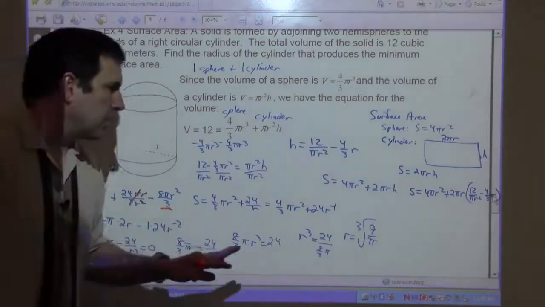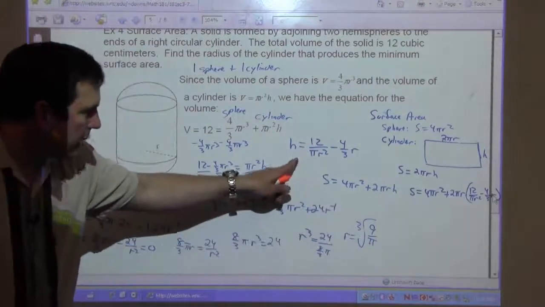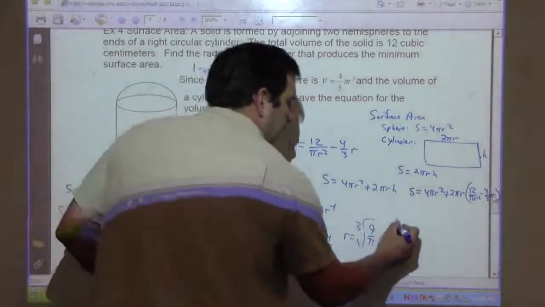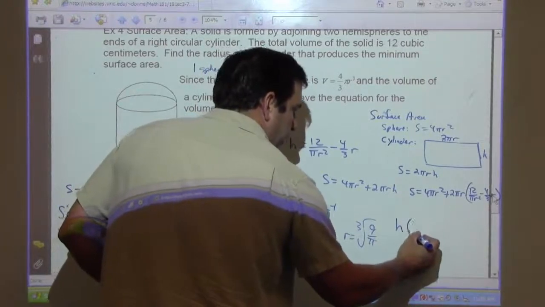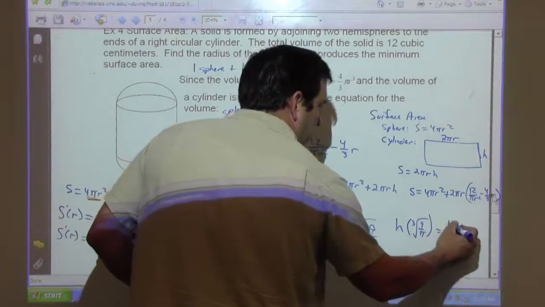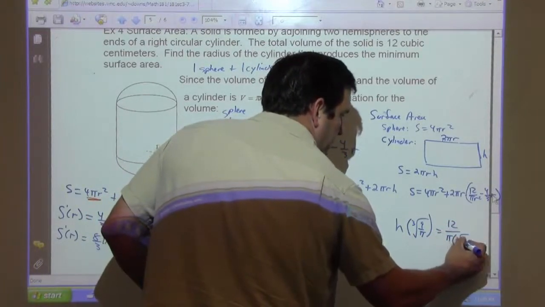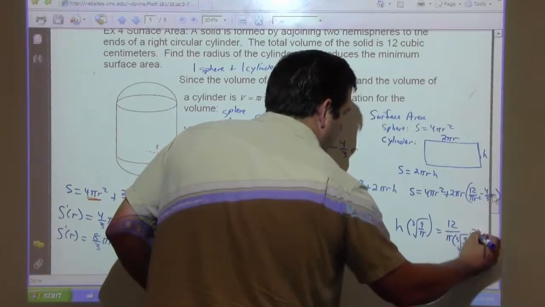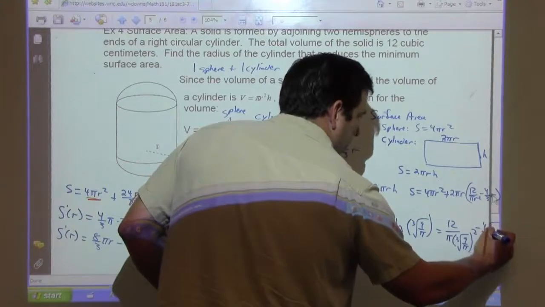Now, here's what's interesting. If I take this value and put it back into h as a function of r, so h of the cube root of 9 over pi is 12 over pi times the cube root of 9 over pi squared minus 4/3 times the cube root of 9 over pi.